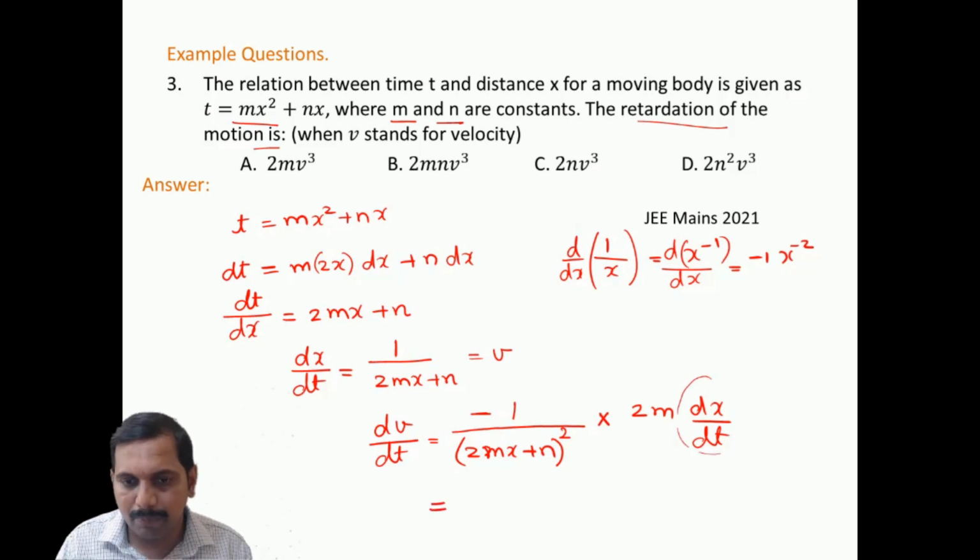Very important to understand chain rule properly, that we should not miss out on this, right? So this would be equal to minus, we will take 2m here, but then you see here 1 by 2mx plus n is actually velocity.